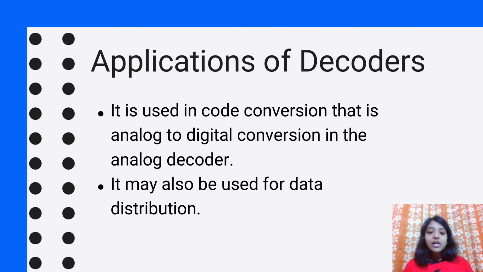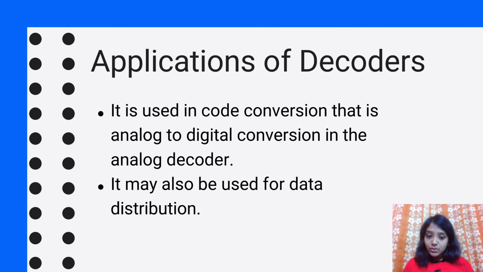And I feel decoders are also used in audio systems to convert analog audio into digital data. It is useful in decoding a binary input to activate the LED segments so that a decimal number can be displayed. It is also used in microprocessor memory systems for selecting different banks of memory.